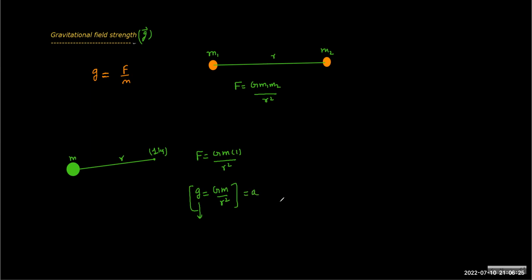That's just a coincidence, that force upon mass is also called acceleration. So gravitational field strength is actually the same as the acceleration due to gravity. That's a fortunate coincidence because of the definition. So this is also called acceleration due to gravity.